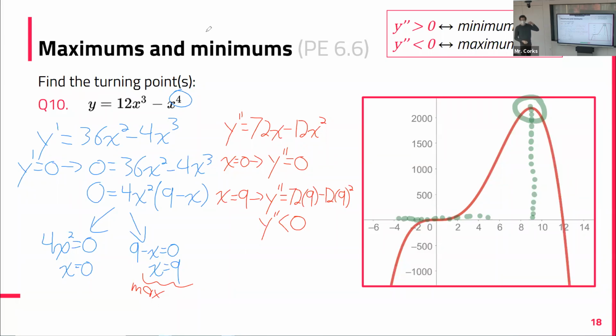This is why we are doing our second derivative test, because we could have points like this, and we don't want to be fooled into thinking we have an actual turning point. Yes, so based on this second derivative, we can say that this is not a turning point.